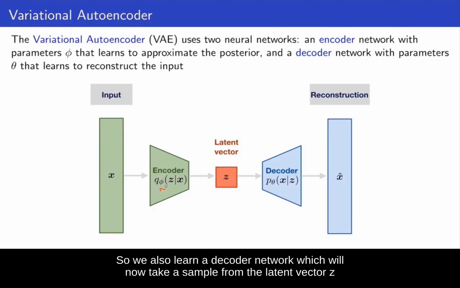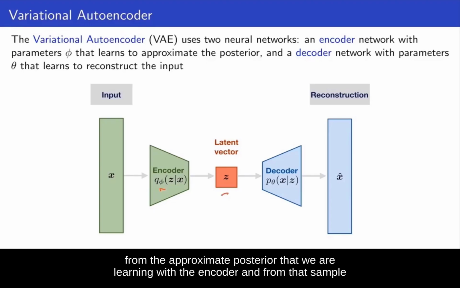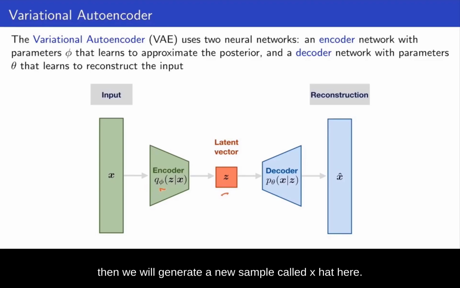We also learn a decoder network, which will take a sample of the latent vector z from the approximate posterior that we are learning with the encoder. And from that sample, we will generate a new sample called x hat here.